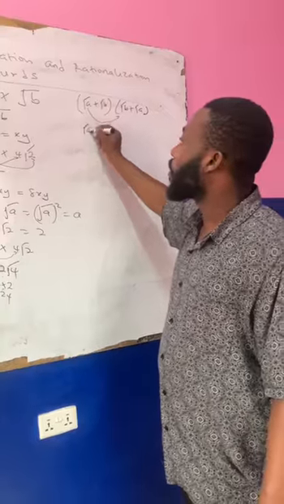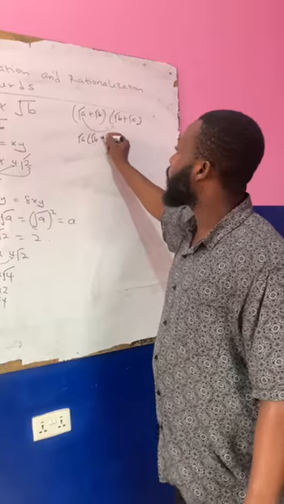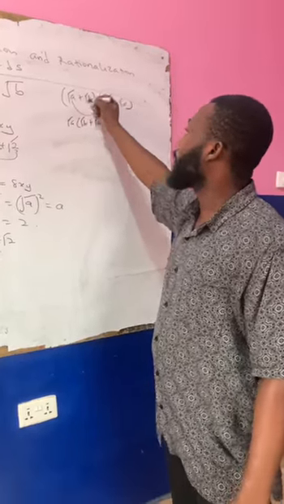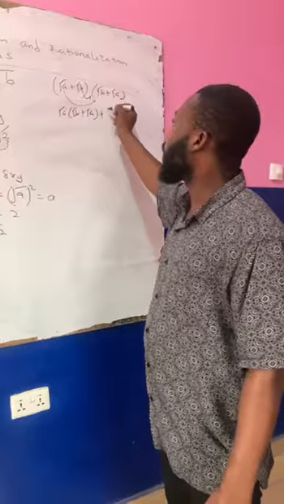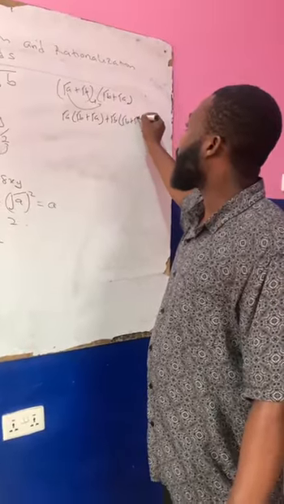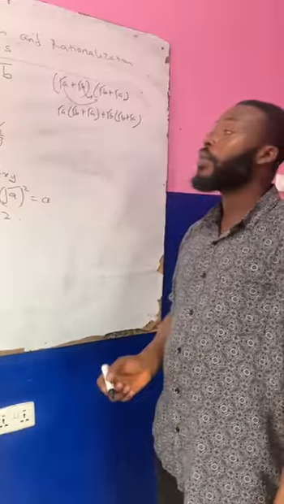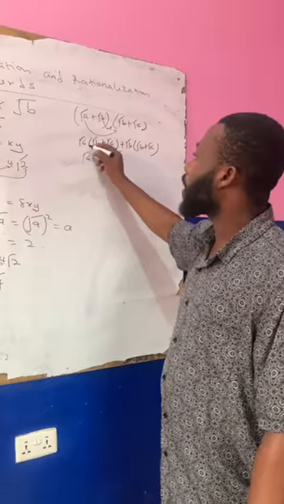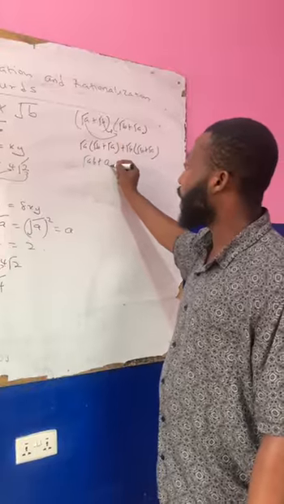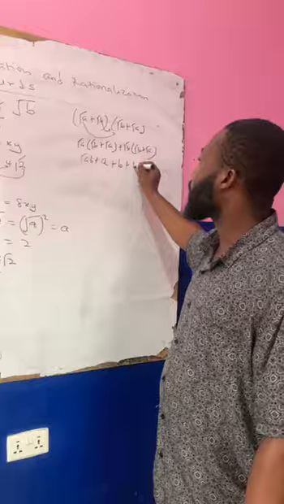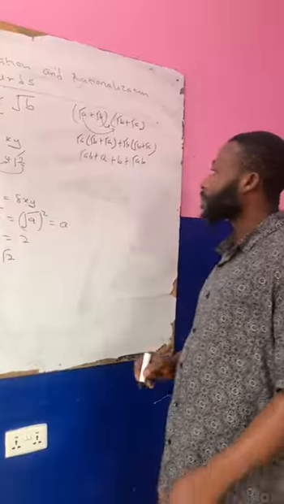So you have root ab plus root a times root a, which gives us a, plus root b times root b, which gives us b, plus root ab.